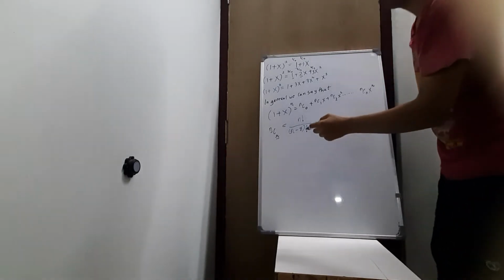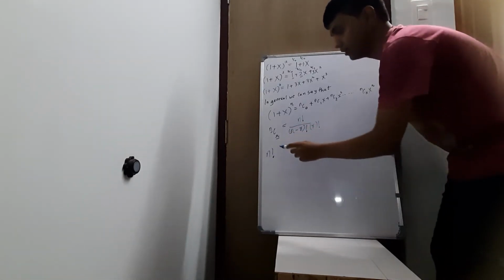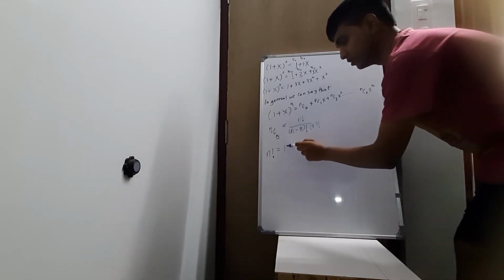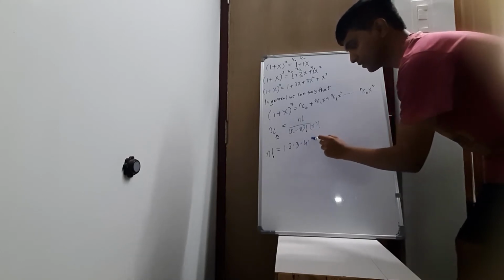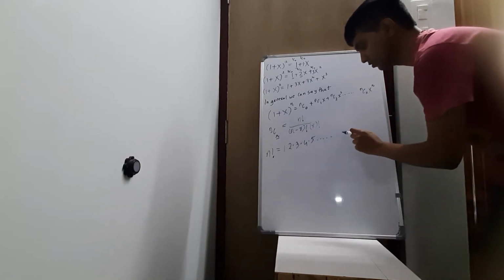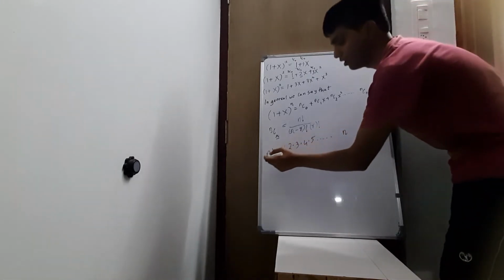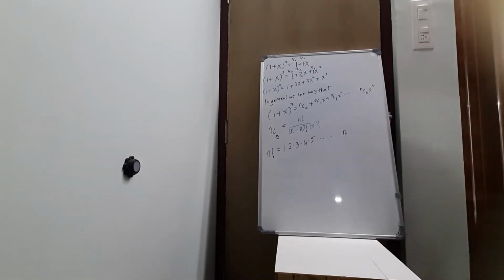Right. Now another important thing is, what is n factorial? n factorial is nothing but the product of the first n natural numbers. It's simply 1 times 2 times 3 times 4 times 5 and so on, up to n. Right. After knowing all these things, we're gonna solve the question very easily.